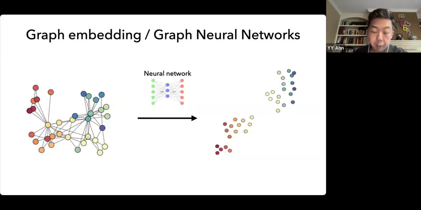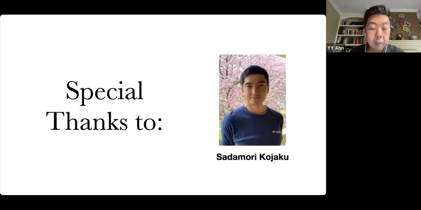One of the approaches I've been looking into is graph embedding, which transforms graphs into embeddings, but it also has a black box nature. So in this talk, I'll talk about how we can understand what's going on inside some simpler versions of these neural networks.